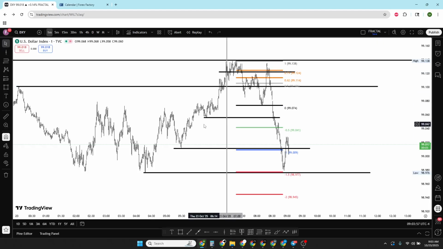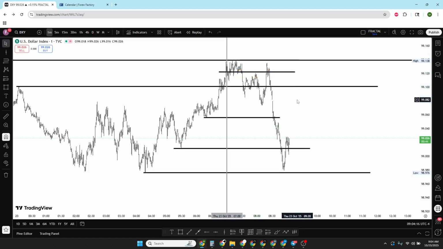And I already marked out my sell side liquidity, which is my take profit areas or areas that I can take partials. And our main target for today will be under the London low.